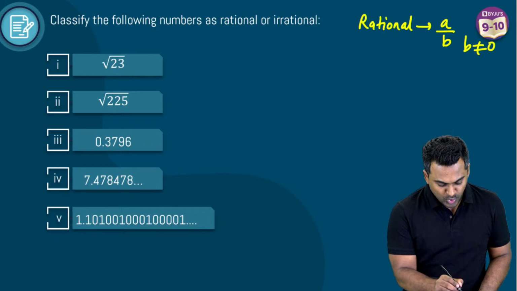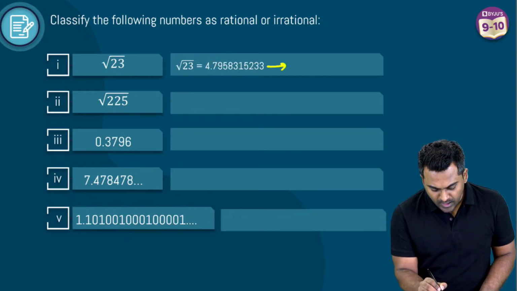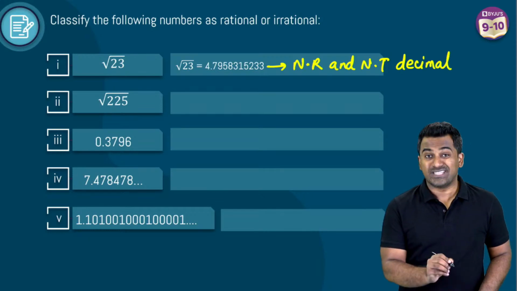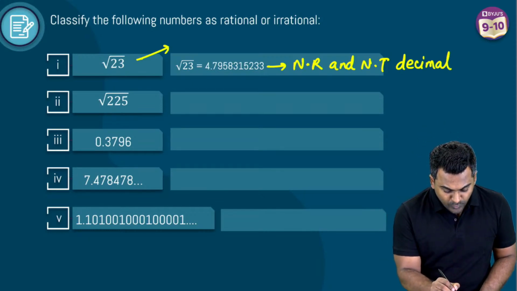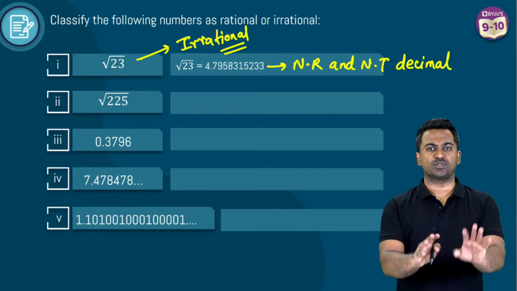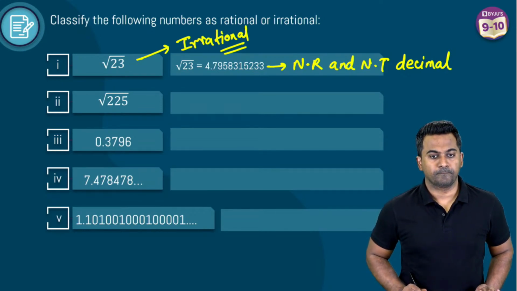So root 23, when you expand it, is going to be a non-recurring and non-terminating decimal. So this is the reason why root of 23 is going to be irrational. The square root of any prime number is going to be irrational.